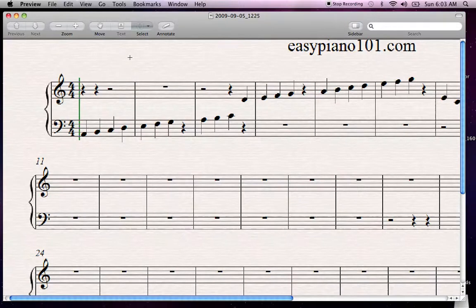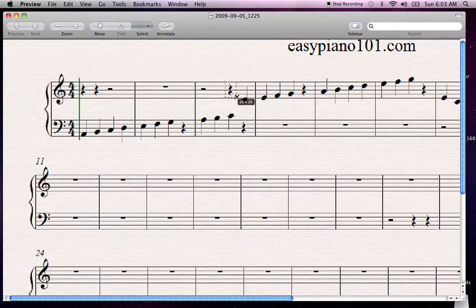Now, what is a quarter note? Well, these are quarter notes. You see they have a line and they have a little black dot filled in. Those are called quarter notes. Now, there are also quarter note rests. That's when you play a silence.